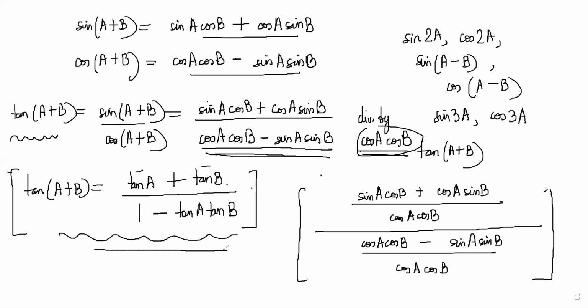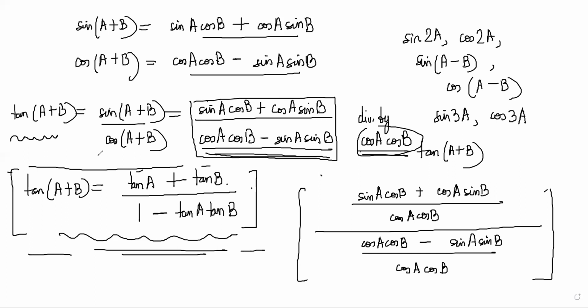So that is what I've written. To make it look like a tan formula. Obviously the other form is also correct, but it will be hard to remember that. It is easy to remember this.